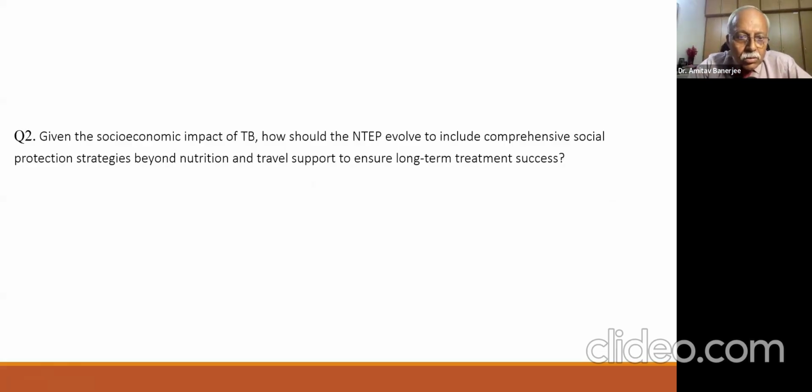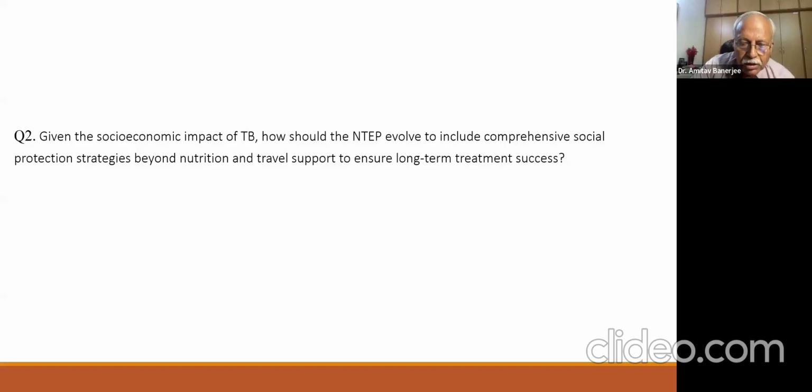Yeah, this is also an important factor. Many people are poor, and TB makes them poorer. It affects their work capacity and may affect their rehabilitation. So here the NGOs, philanthropists, and corporate social responsibility can be included to provide long-term support.